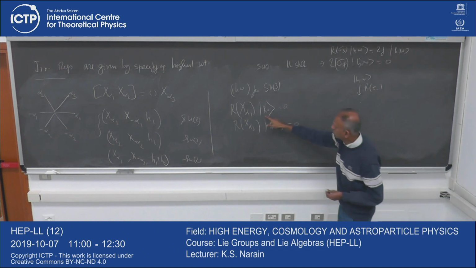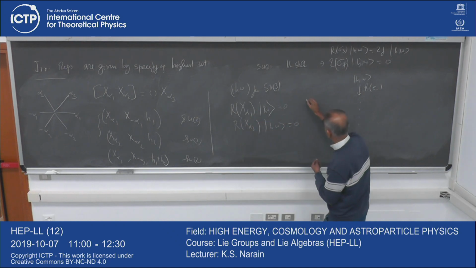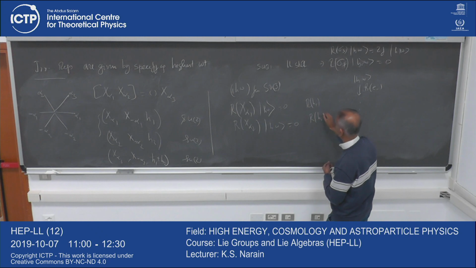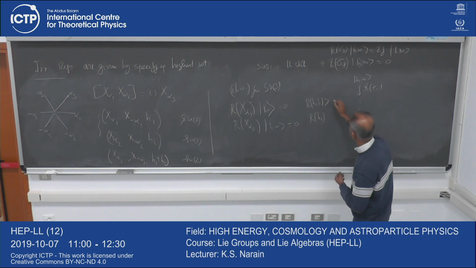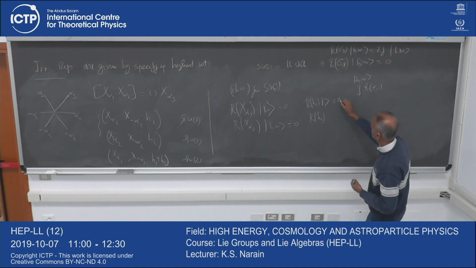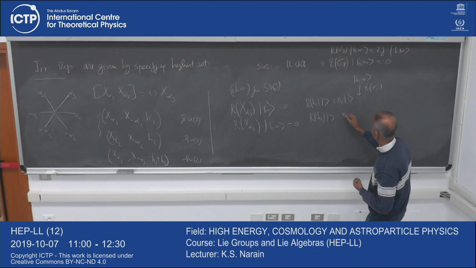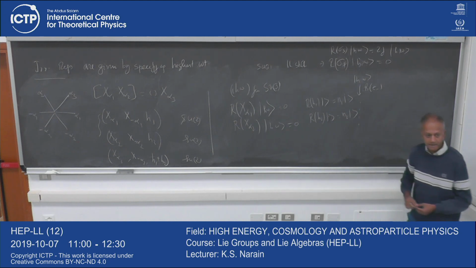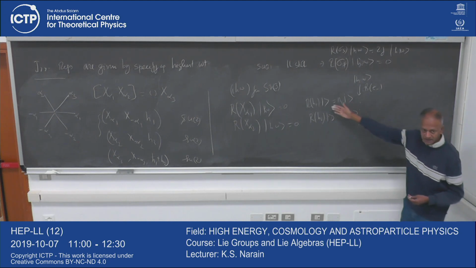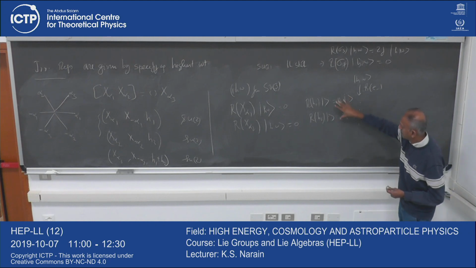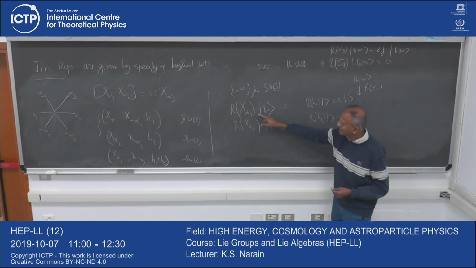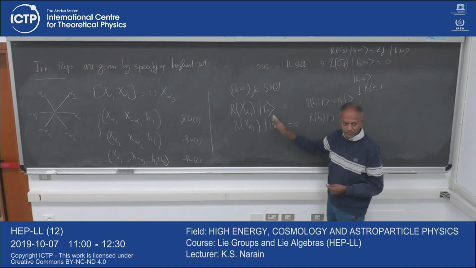Now here I have two quantum numbers, H1 and H2, on this highest weight. Right? This will be some numbers. Let me call it N1 times the highest weight, and this acting on the highest weight equal to N2 times the highest weight. Right? Because I can simultaneously diagonalize them. So I look at this diagonal basis and specify some highest weight.